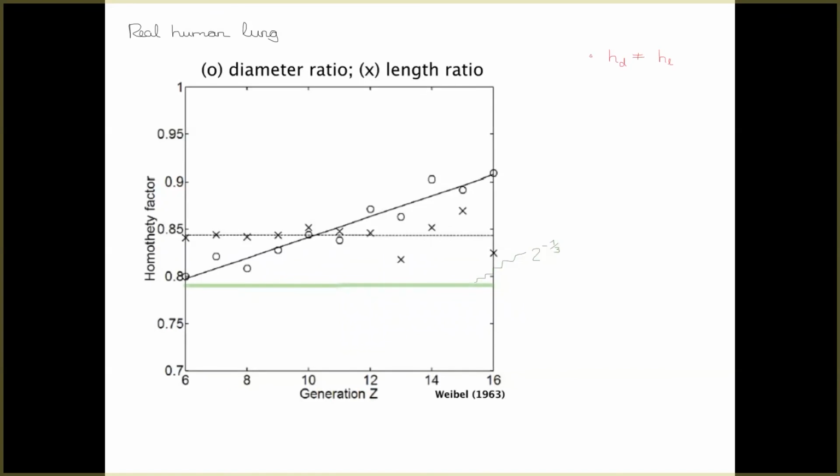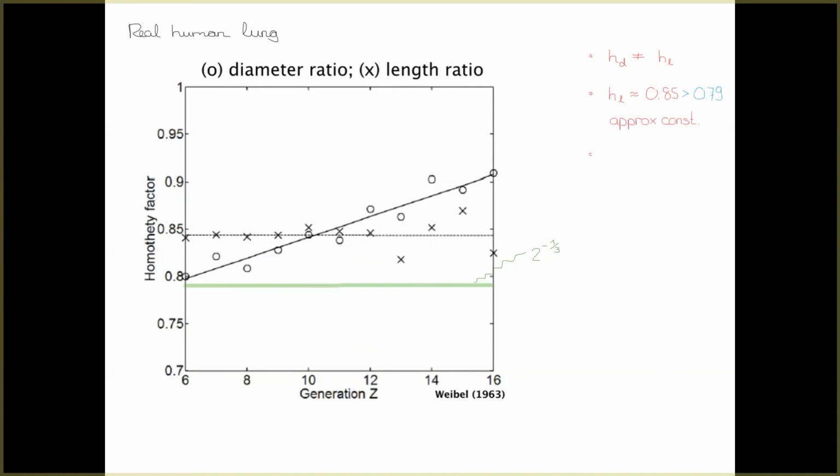Okay, now, that's just a summary of this plot here. So the reduction factors for the diameter and the length are not exactly the same. The one for length is around 0.8485, so it's a bit higher than the one which we have calculated, but it's in the right range.